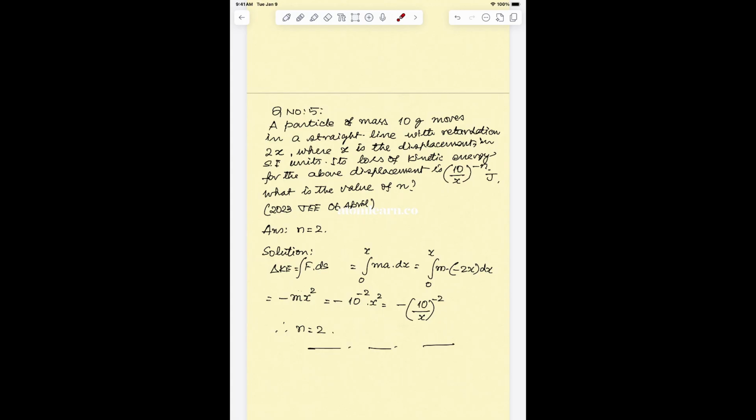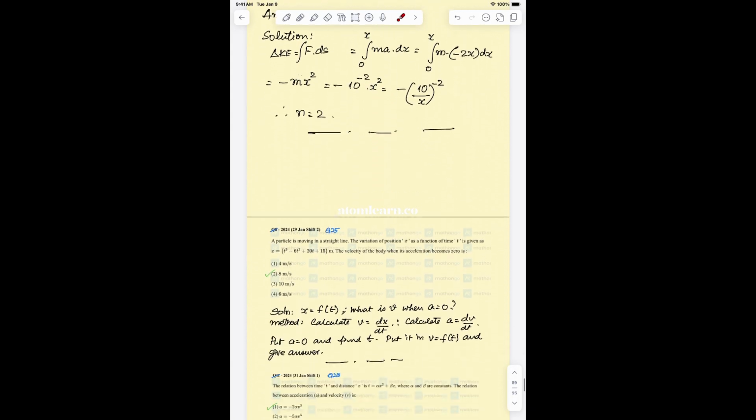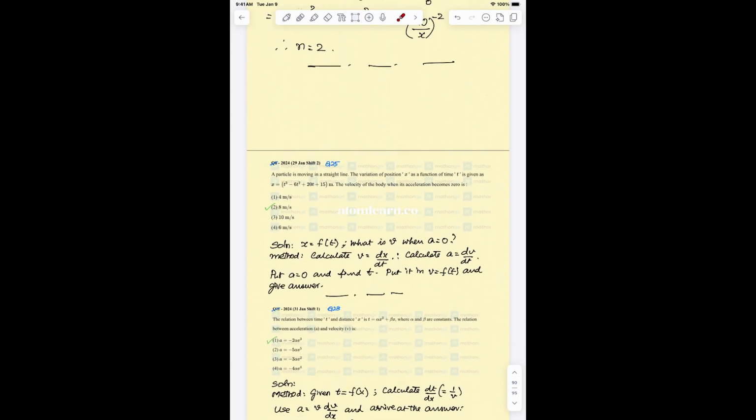Integrated, you get minus m x squared, and this can be written in this form. Now compare it with the form in which they want it. So the index of x is n equal to 2. Then read the next question.